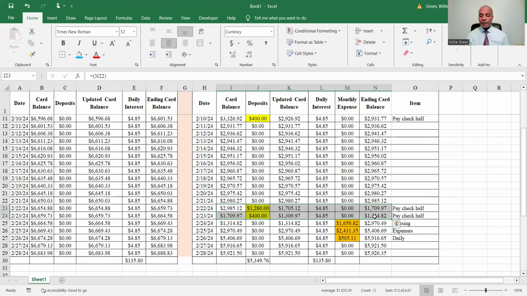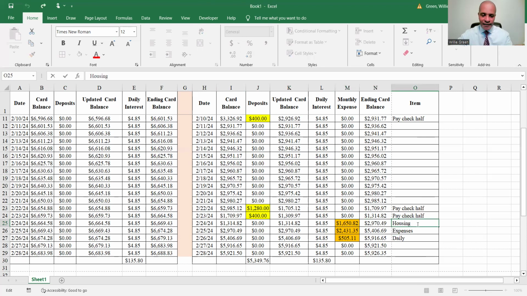That's the next thing that we're getting to, which is here. I'm trying to pay $16.50 for the rent for housing, which includes all the utilities, the water, gas.